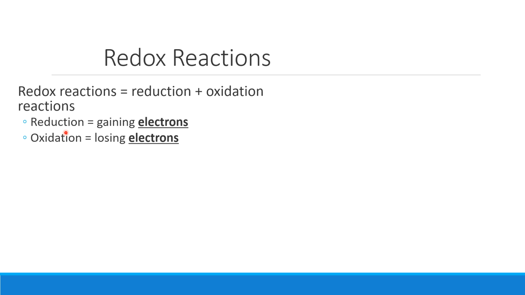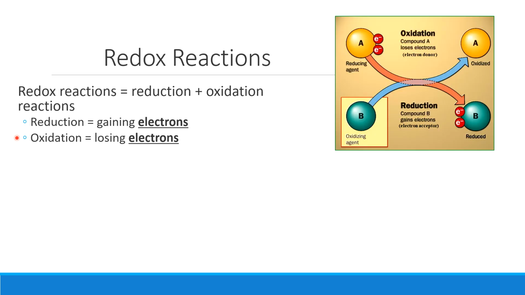It should be no surprise then that oxidation and reduction have to be paired. Somebody gives away electrons, somebody else gets them. I'm not going to go as in depth in our class as asking you what's the reducing agent or what's the oxidizing agent. But what I will ask you is what happens when the process of oxidation occurs.